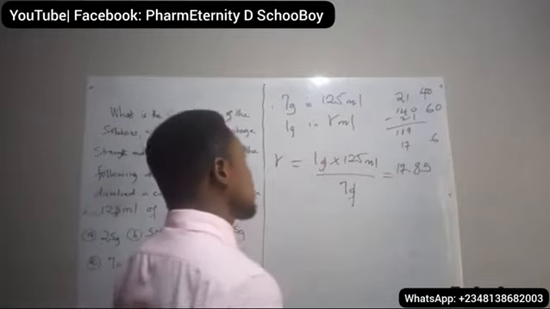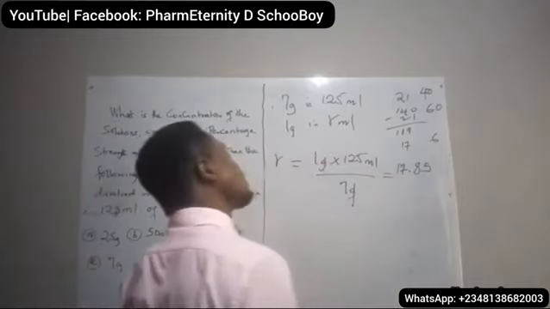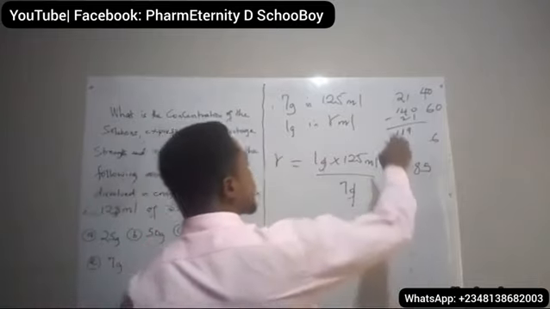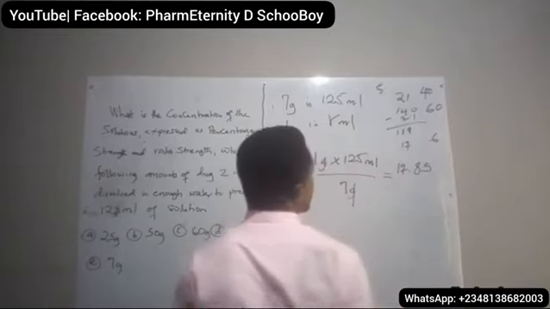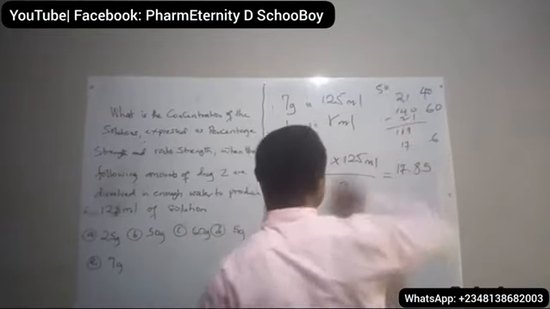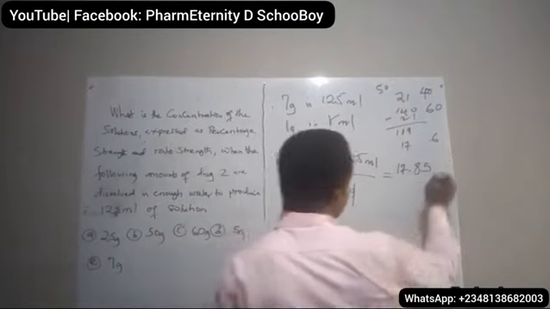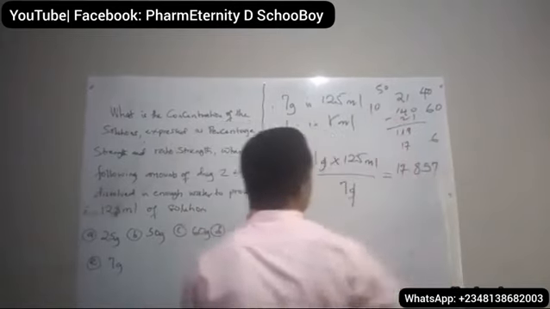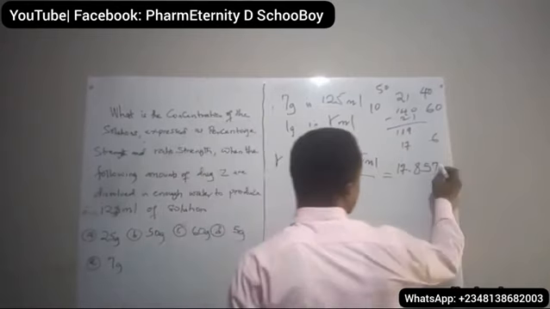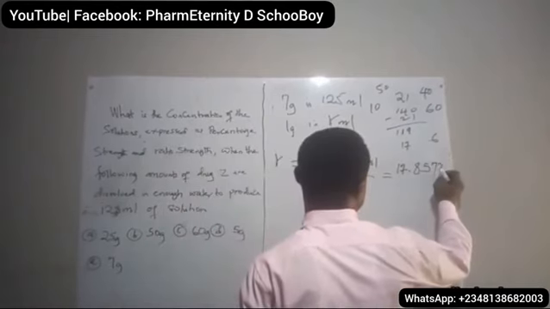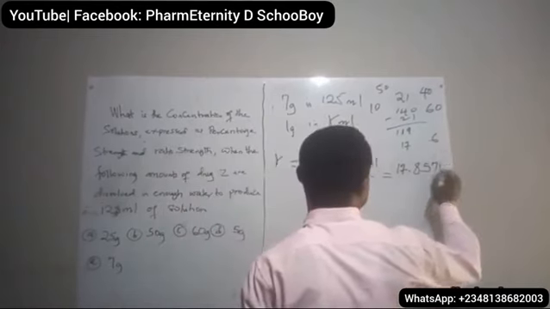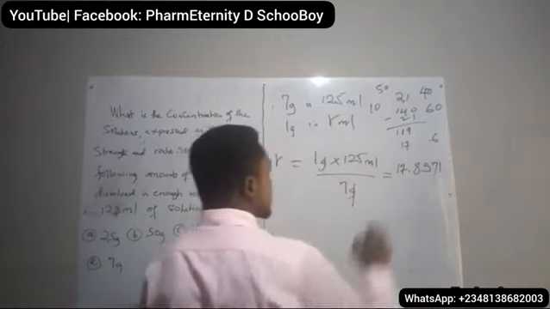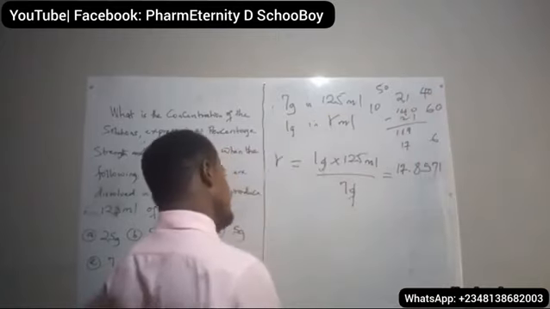Then 7 into 5, remainder 5, so you add 0 here, 50. 7 into 50 gives 7, remainder 1. Add 0, 10. 7 into 10 gives 1, remainder 3. Add 0, 30.